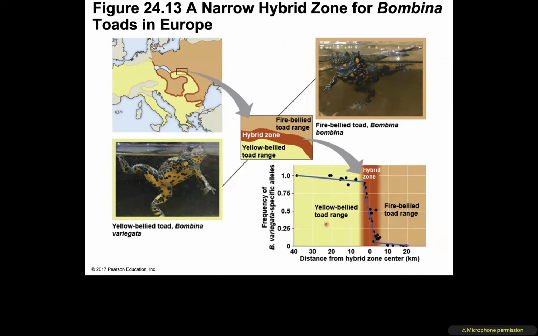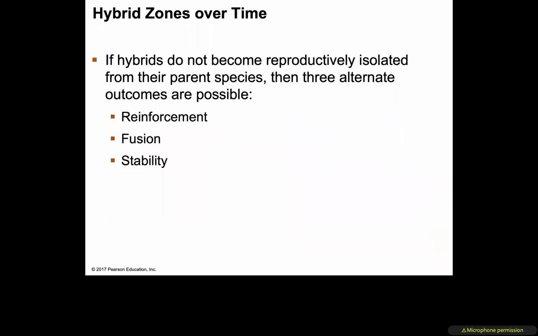So with that, you're going to find healthier populations and higher frequency alleles, in this case in the yellow-bellied, in their deep zones away from the hybrid zones. But in the case of the fire-bellied one, as you're looking here, you're going to find that they are better as hybrids than they are on their own. Pretty interesting.